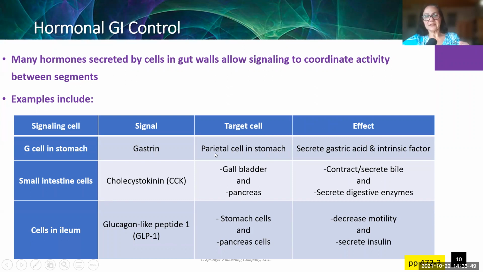Okay, these are those cells, parietal cells. They make the intrinsic factor. They also make gastric acid, hydrochloric acid. And so when they receive the signal of gastrin, that means, okay, food's coming. I need some hydrochloric acid and I need some intrinsic factor. So make it and pump it out now. And the parietal cells respond.